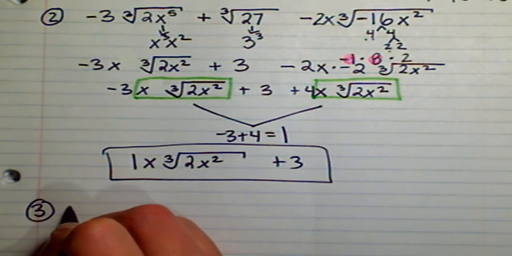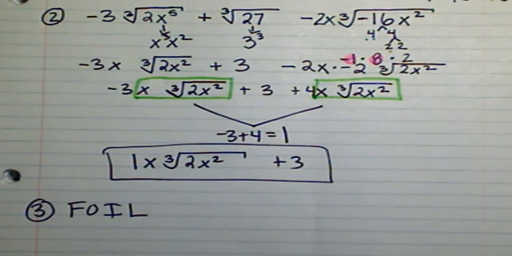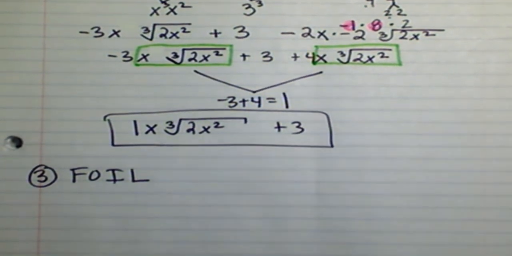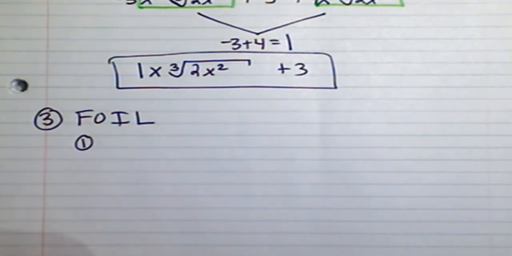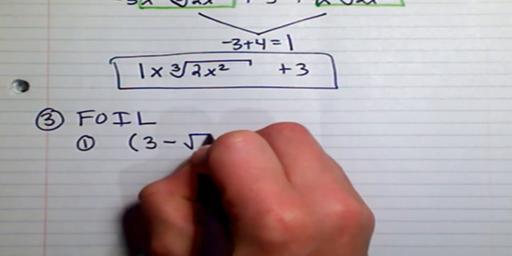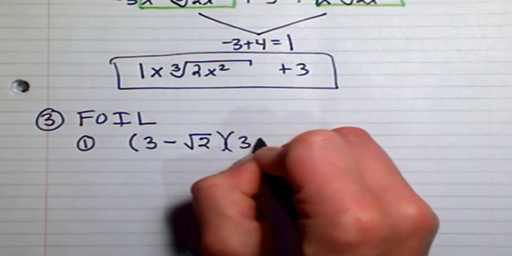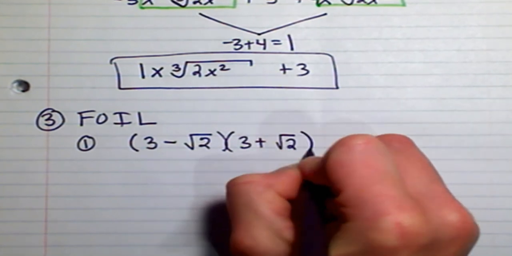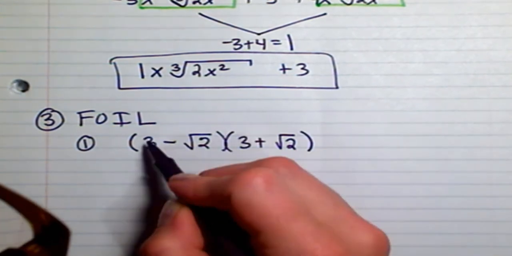All right, this time we're going to FOIL: first, outer, inner, last. We've already done a little bit of examples with our foiling, so I'm going to just bring that back here. 3 minus root 2, 3 plus root 2. Notice that those are conjugates. And so you have kind of two choices here.